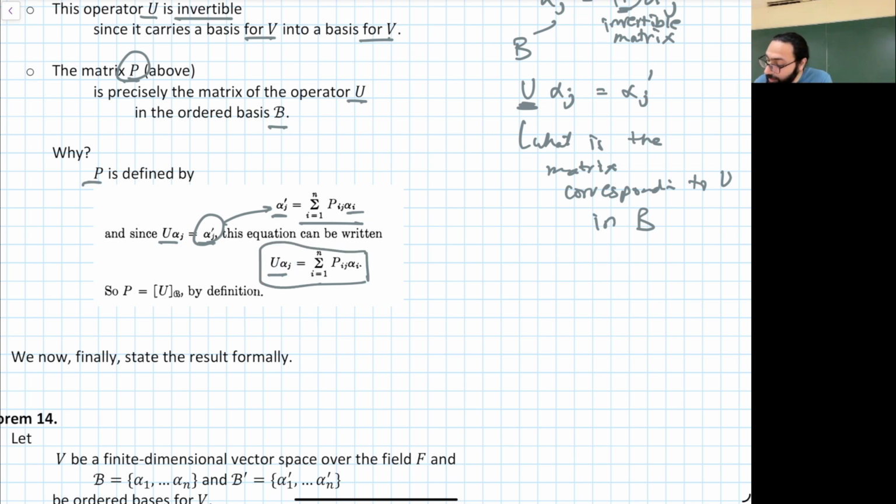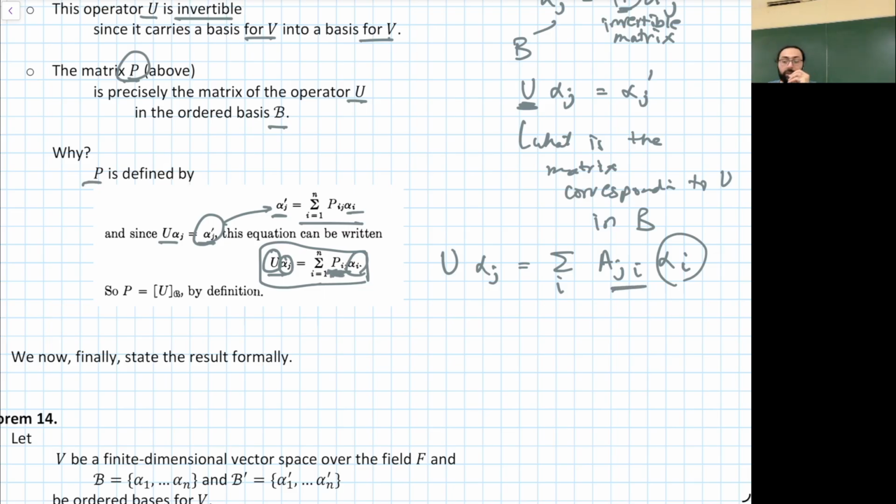And remember, what is the definition of the matrix for a linear operator? It's exactly this: U alpha j is the sum over i of some matrix A_ij times alpha i. That is how we had defined the matrix for a linear operator. So now you can read it off. The coefficient of alpha i gives you the matrix, and here it is giving you the matrix. So it's clear that A is the same as P.